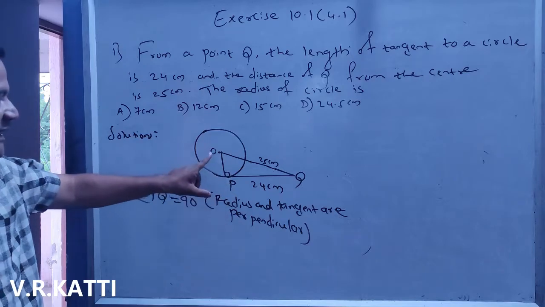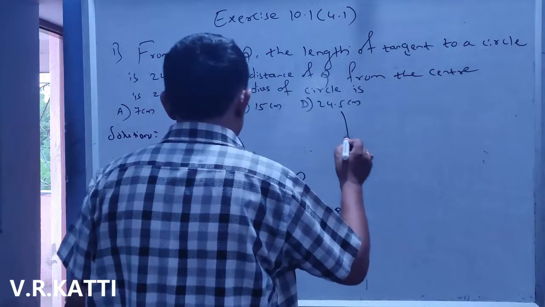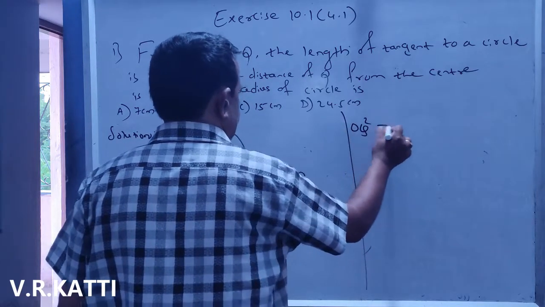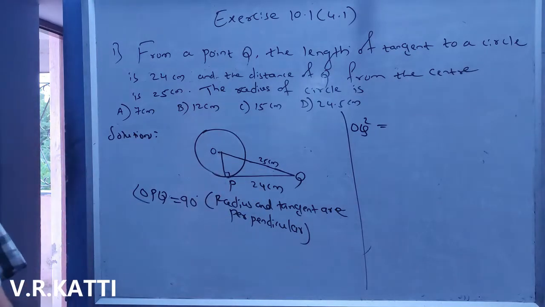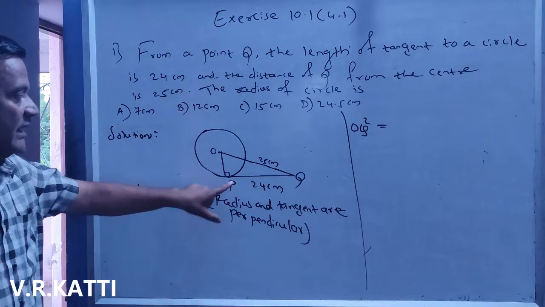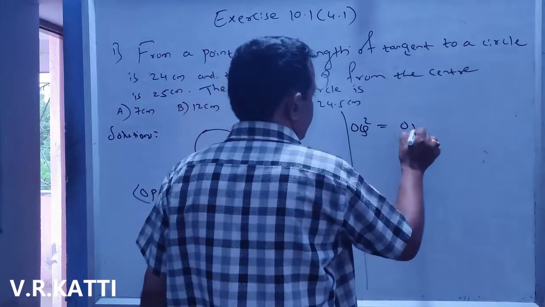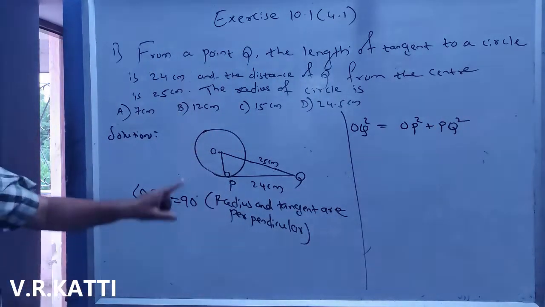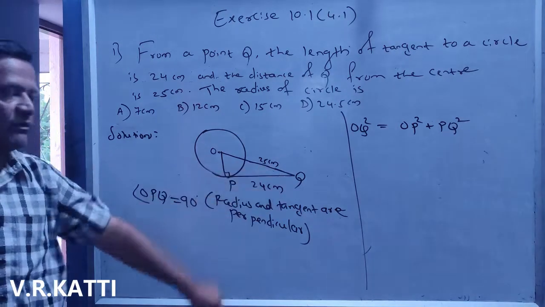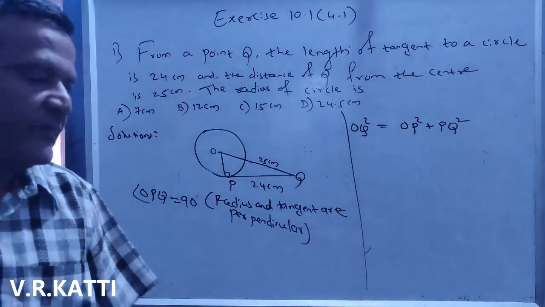OQ is the hypotenuse. Hypotenuse square equals OP square plus PQ square.